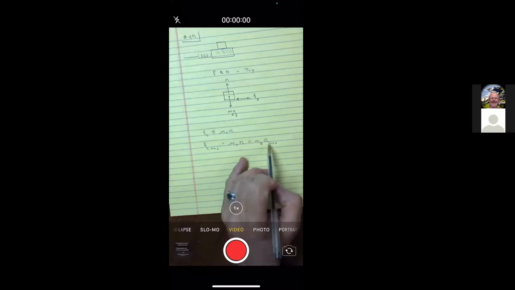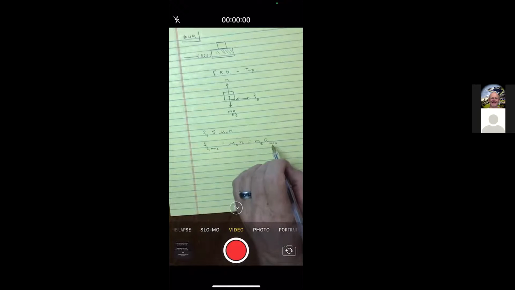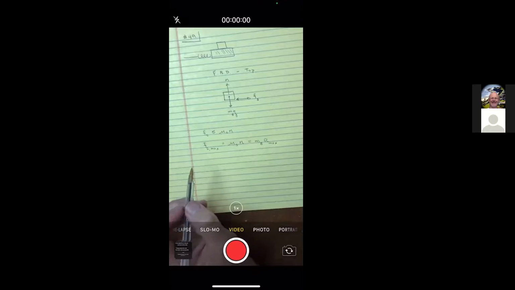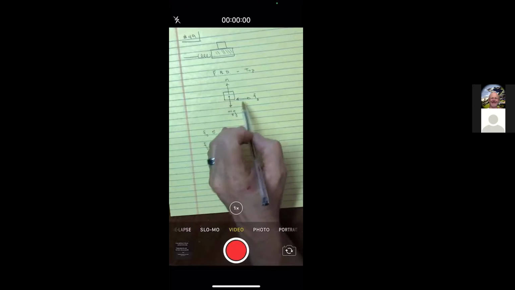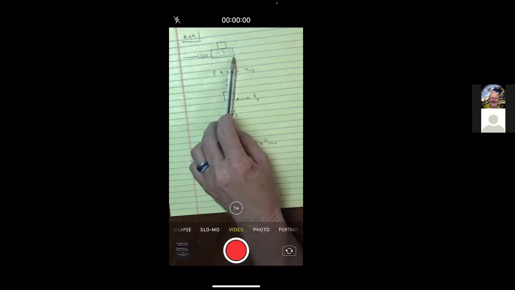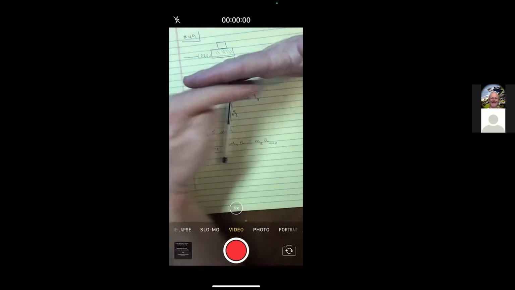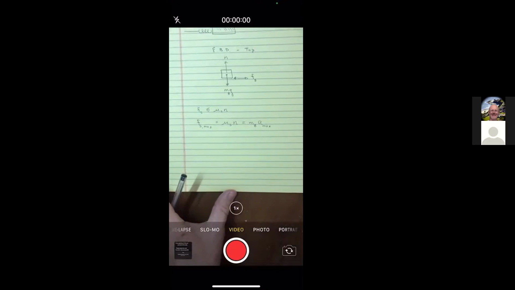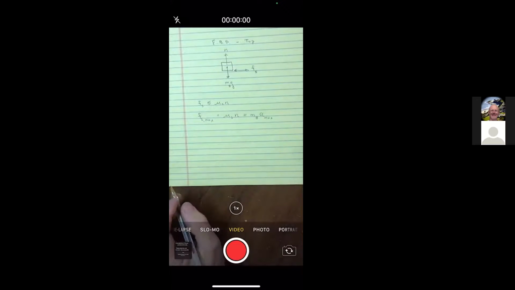So if the acceleration ever got to be greater than whatever this calculates out, then you wouldn't have enough friction to give it acceleration. And so what would happen is the lower block would slide away from the top block. You just don't have enough push. So that's essentially that step that you just did, applying Newton's second law for just the top block.